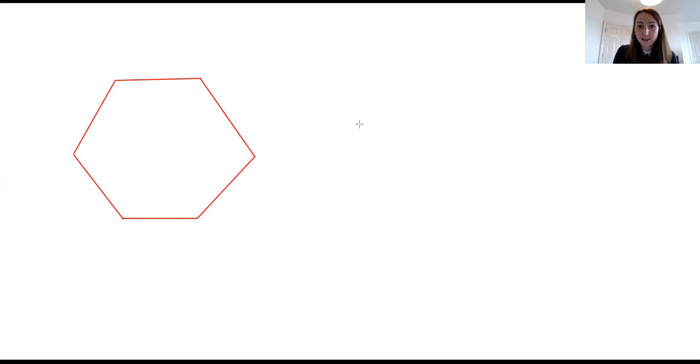Now, if I have a different 6-sided shape, which looks like this, this here is still a polygon. It's got 6 sides, 1, 2, 3, 4, 5, 6. However, it is not a regular polygon. So a lot of the things we're talking about today only apply to regular polygons, okay? So just bear that in mind.